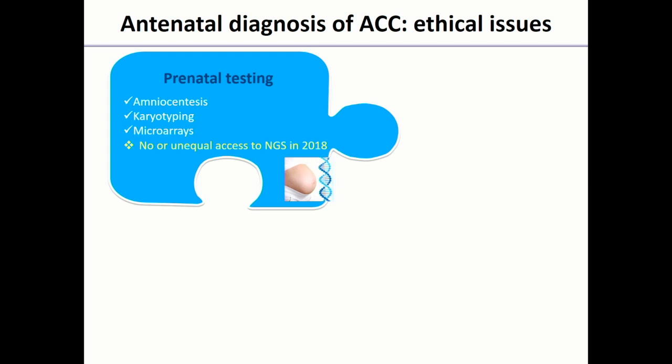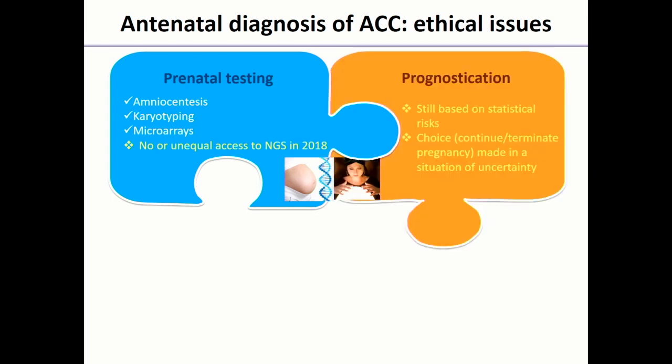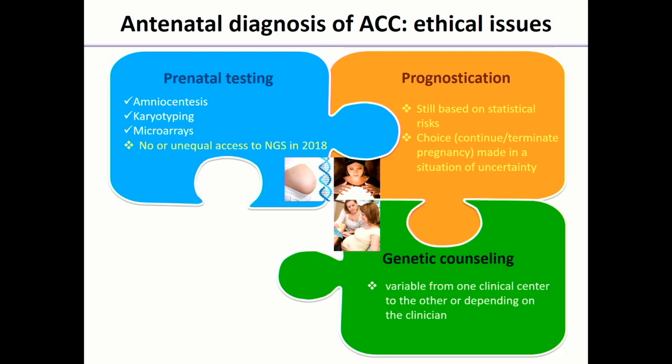Usually, as I said, you have amniocentesis, karyotyping, and microarrays, but so far there is no or unequal access to next generation sequencing, meaning that the prognostication, or the decision to continue or terminate the pregnancy, is made based on the statistical risk, so the cause of the malformation is not known when the choice is made.